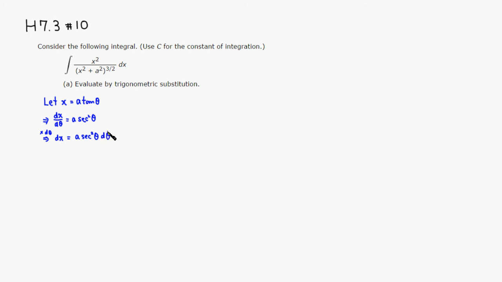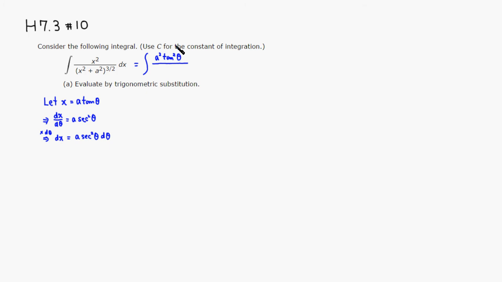Alright, so let's rewrite this first. This is going to be equal to the integral. On top we have x squared, so we just square: you have a squared tangent squared of theta.